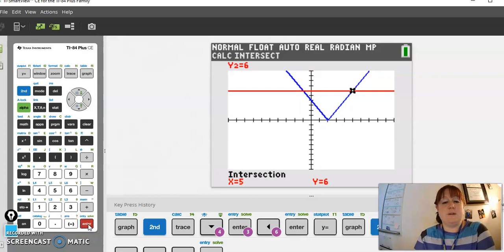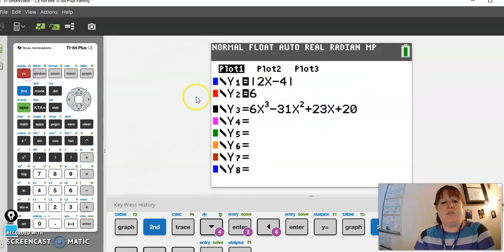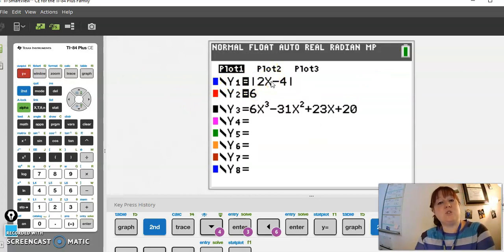So I push enter, and it found the intersection of 5. So 5 is the other x value that makes this true. If I put -1 in here, it would be true, or if I put 5 in here, it would also be true. So those are two simple ways to use your calculator to find the solutions to any equation.